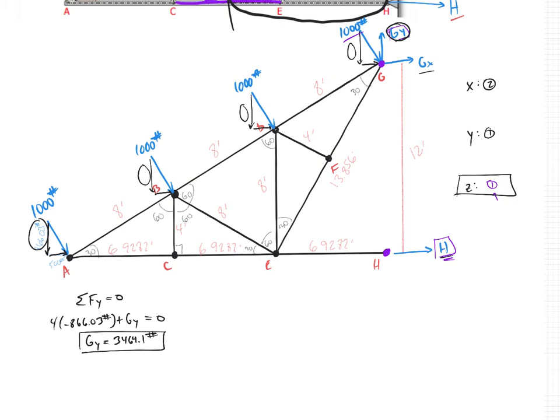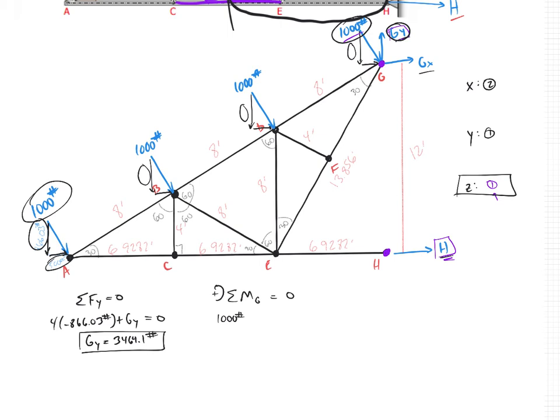Now we want to do the moments because, again, 1 unknown. I'm going to do them at G. By the way, the advantage that doing it at G has over H is that we're getting rid of this 1,000 as well. So the sum of the moments around point G equals 0. I'm going to go force by force, starting with this 1,000 pounds right here. You could have used the two split forces here, but that's a much more complicated way to do it.